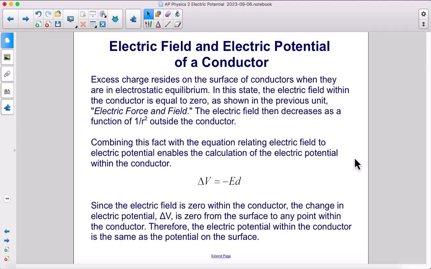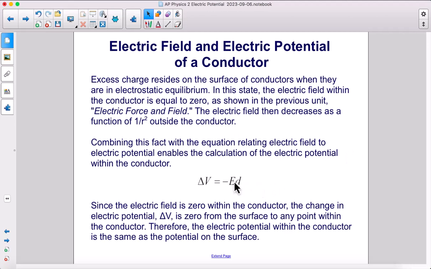Excess charge resides on the surface of conductors when they're in electrostatic equilibrium. In this state, the electric field within the conductor is equal to 0, as shown in the previous unit, electric force and field. The electric field then decreases as a function of 1 over r squared outside the conductor. Combining this fact with the equation relating electric field to electric potential enables the calculation of the electric potential within the conductor.